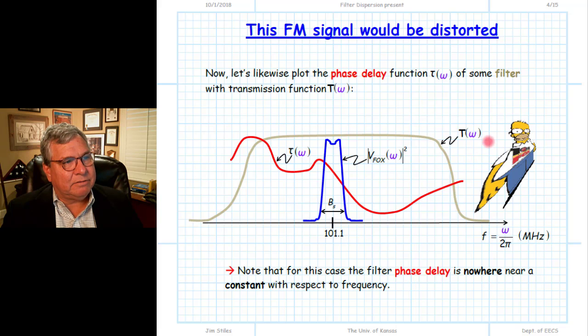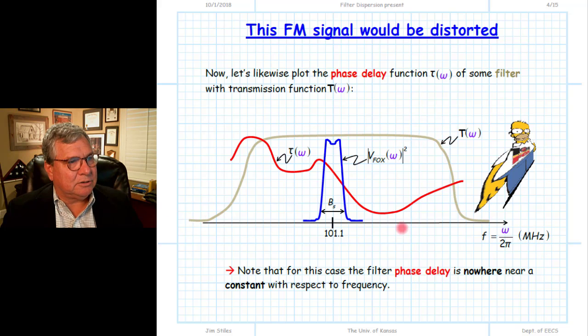Finally, we put a third plot in here, a third function of frequency, and that is the power transmission function. And here you can see then this sort of gold-looking curve here maps the passband of the filter. The passband starts about right here and goes up to about right here. All the frequencies further out are in the stop band, likewise further down the stop band. The passband is about 1.